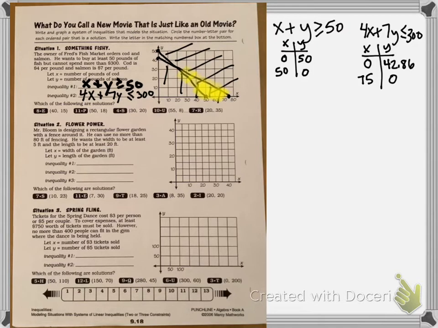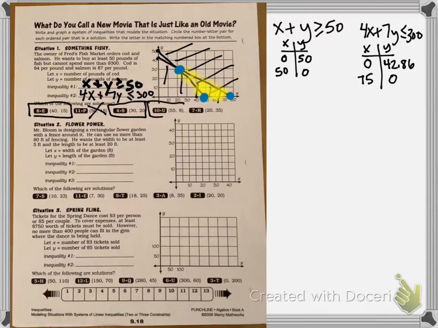Your feasible region is going to have vertices, and those vertices are the boundaries of that feasible region. When it goes down here to the problem, it says which of the following are solutions. You're looking for solutions that are going to be in this feasible region. So that would mean this 40, 15. The 50, 18 is not in that feasible region. And the 30, 20 is.